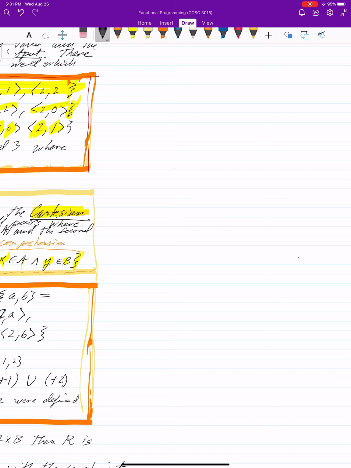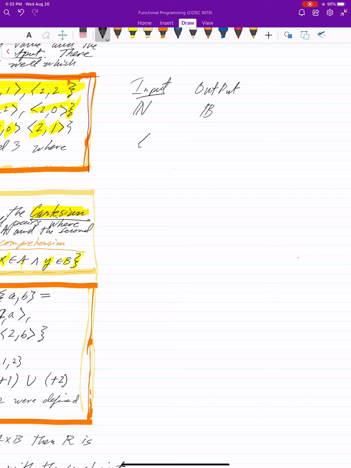So consider, for example, a function that takes a natural number as input, and the output is going to be a Boolean value.